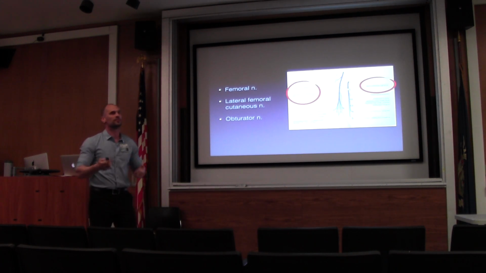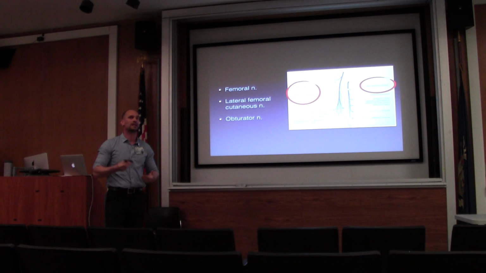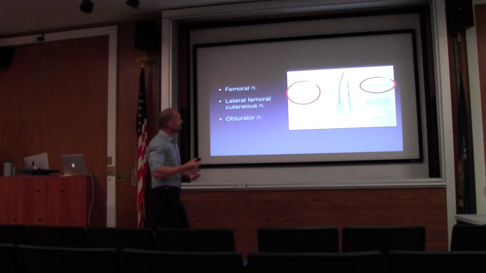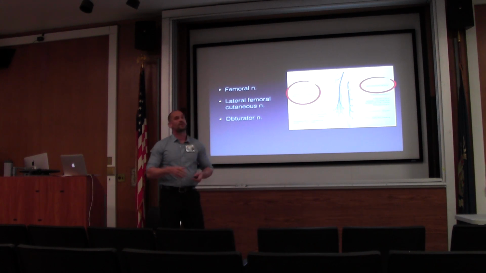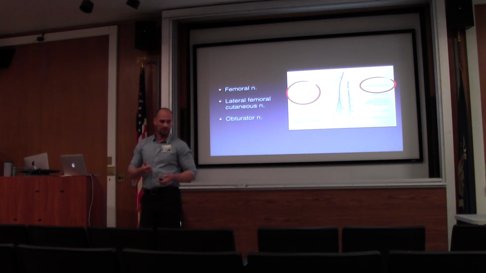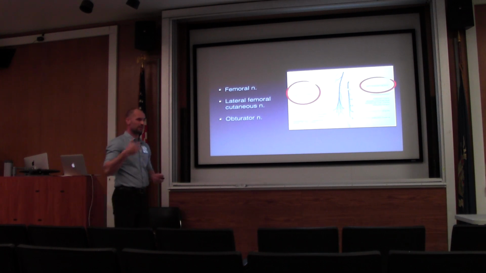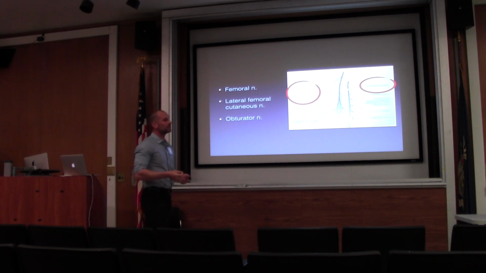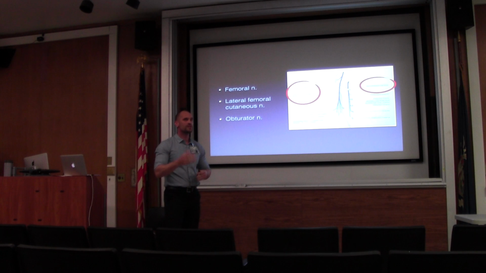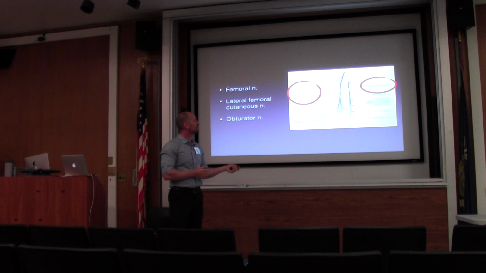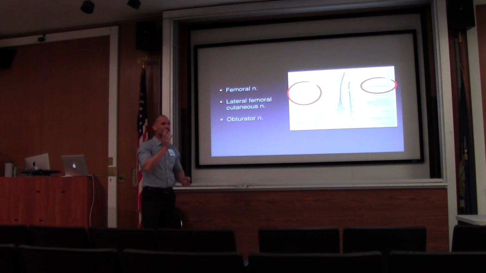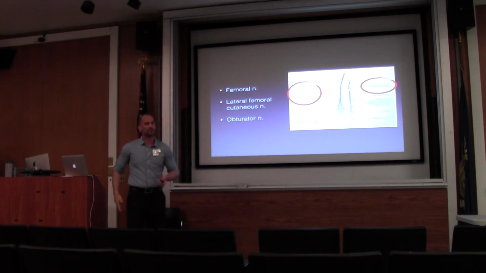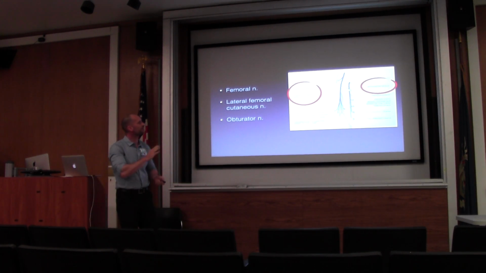Now, if you'll remember, the nerves supplying intra-articular innervation to the hip are the nerve to the quadratus femoris, and then you're also going to have a little bit of the sciatic, right? Sciatic focuses more on extensors, femoral nerve focuses more on flexors, obturator nerve focuses more on adductors, and so we're not actually getting the sciatic nerve or the nerve to the quadratus femoris in the back. We're basically just focused on these.